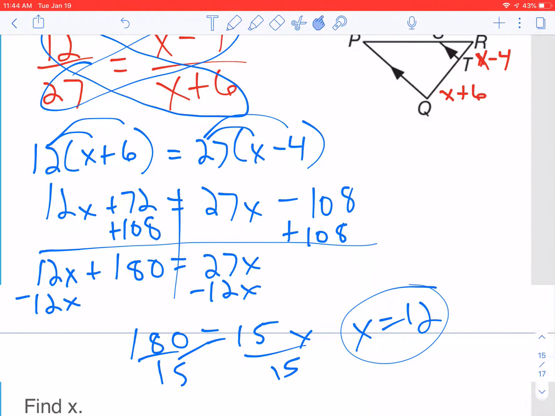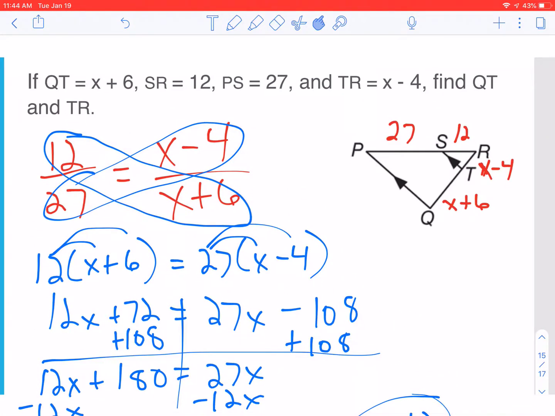And then it says find QT and TR. So I'm going to plug 12 in here. I get 12 plus 6 equals 18. And here I get 12 minus 4 equals 8. So your answers would be 8 and 18.